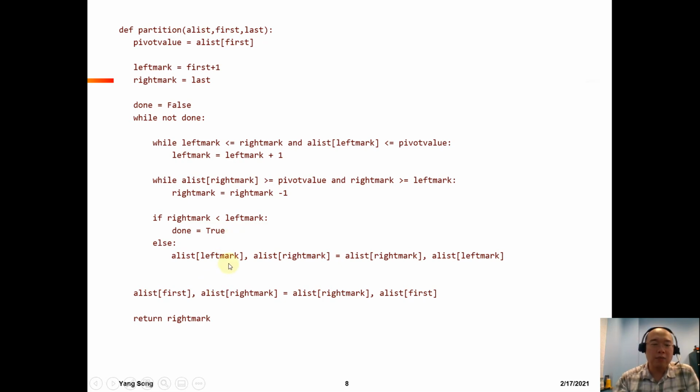Otherwise, we want to swap the values on the left mark and the right mark. So we swap them. Eventually, after we have done this while loop, we want to swap the first value, which is where the pivot was at, with the right mark. Then we want to return the right mark, which is the new location, or the new index, of the pivot. Okay, so this is the partition part.